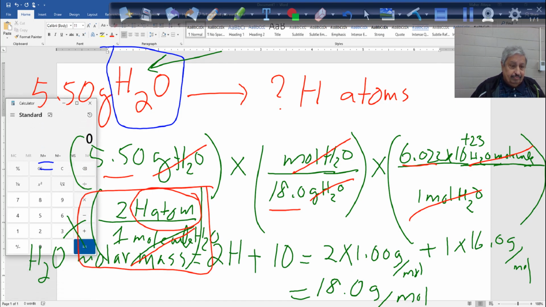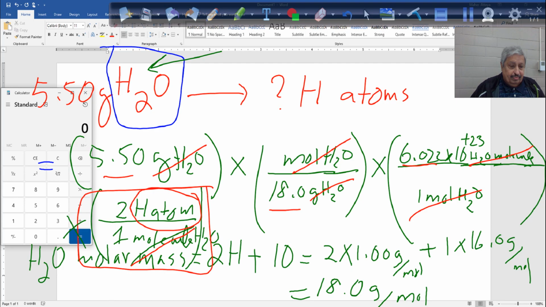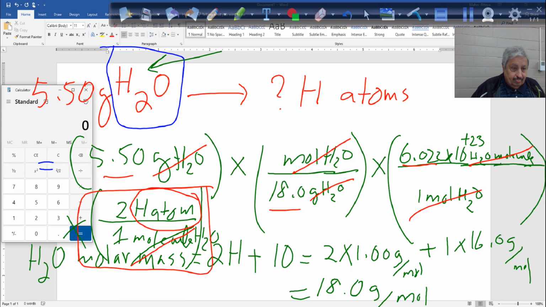So what I will do with this, I will take 5.5, and then we'll do the sig figs. 5.5 divided by 18 equals this, correct?